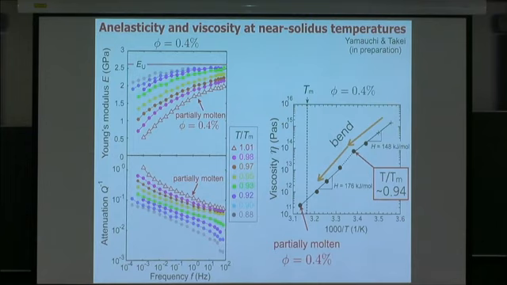First of all, this means that the activation energy increases at this homologous temperature near the solidus, and this was observed robustly for various samples always. That is robust, and also nothing happened at partial melting. That is also a remarkable result of our study. No jump, no sudden change. Very continuous.